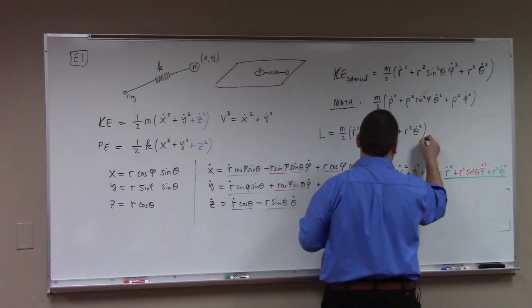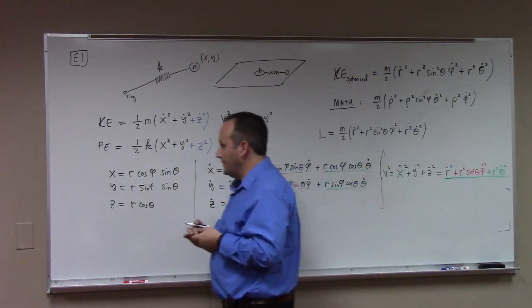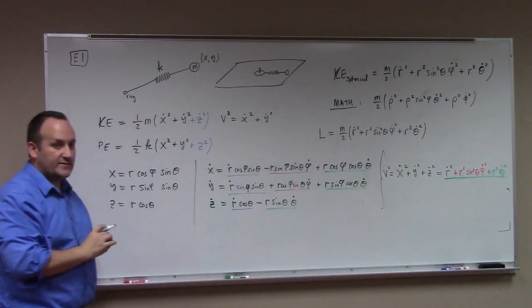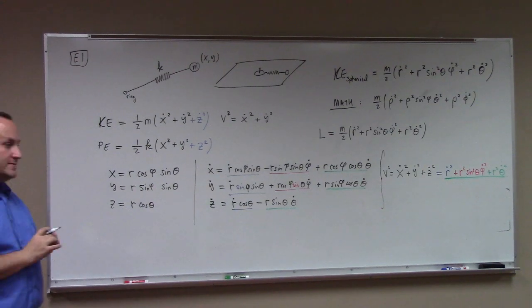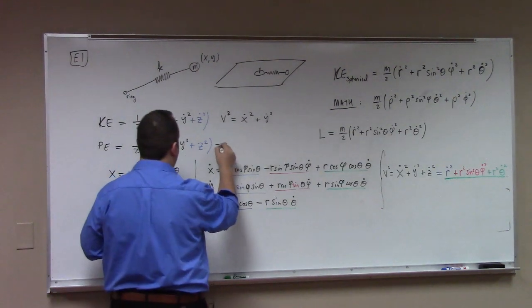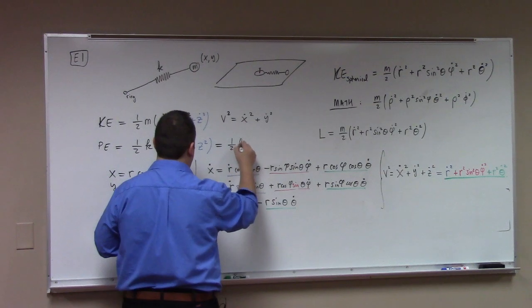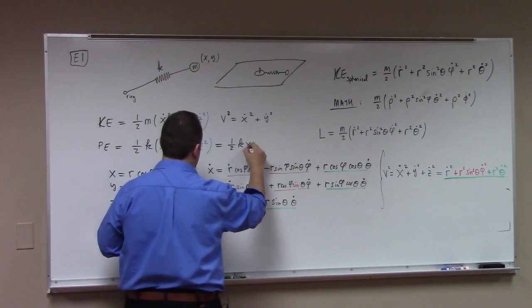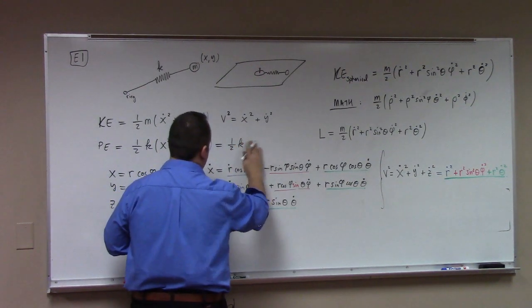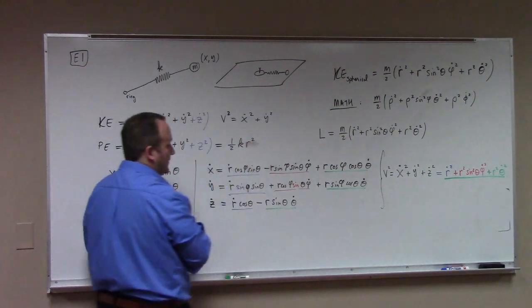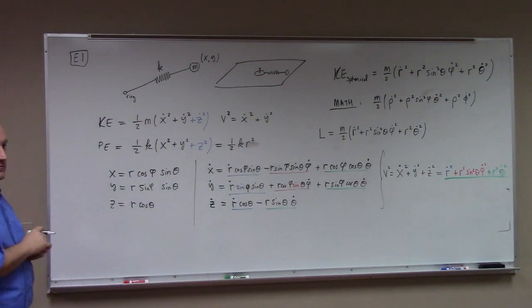What's the potential energy? 1/2 k x squared plus y squared plus z squared, which is what? Good grief. R squared, right? If we're using r as the spherical radius. Obviously, I've used r in two different ways here.